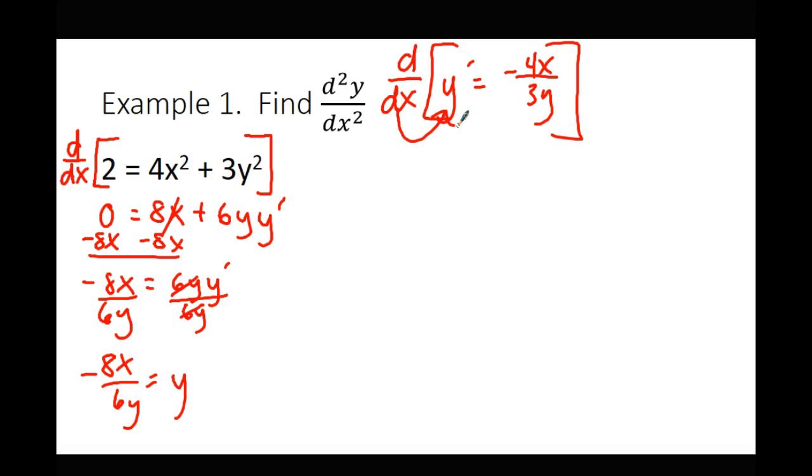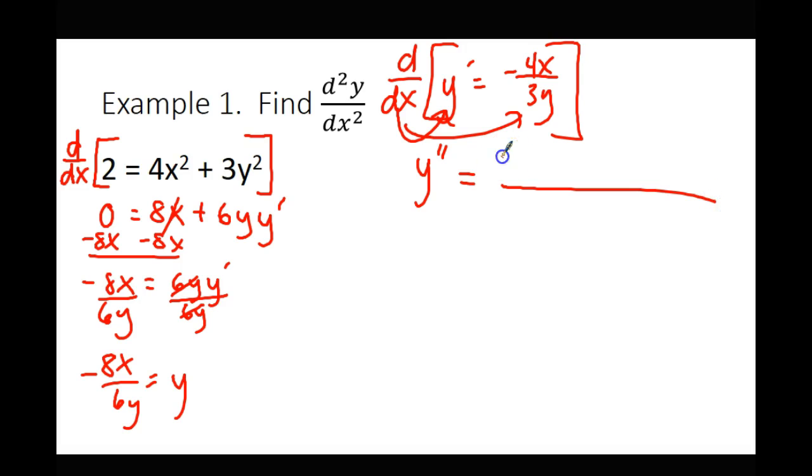You get y prime prime, y double prime. Now this guy over here, how do you take the derivative of this thing? It's the quotient rule. Haven't seen that in a little while.